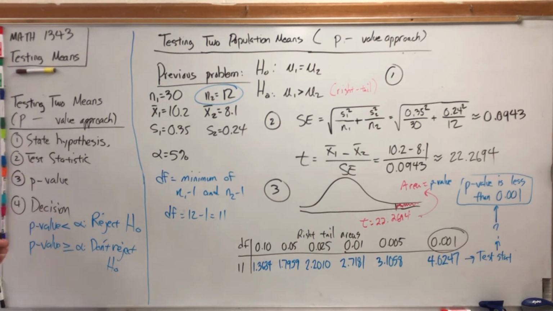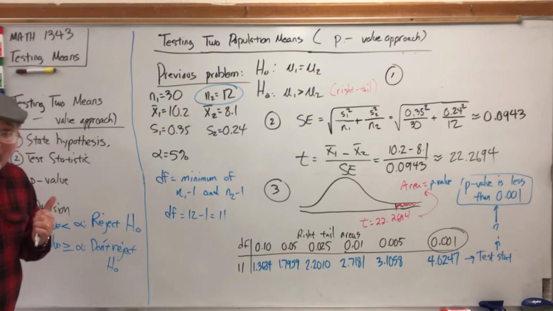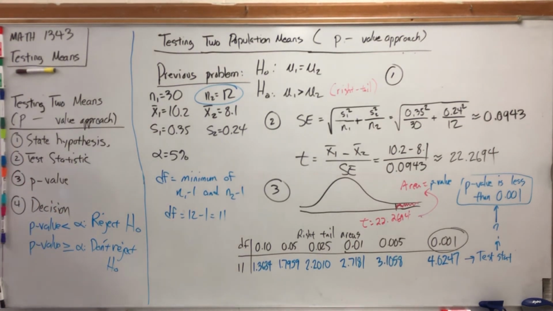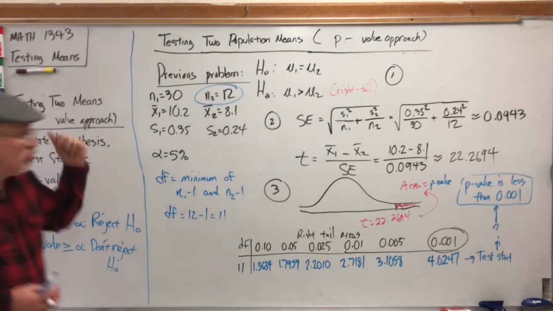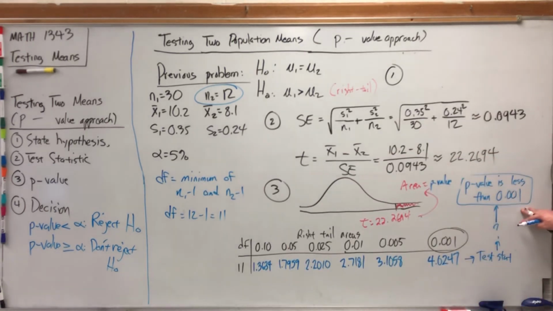Recall that the p-value is essentially the probability of this happening if our null hypothesis was true. Well, if our null hypothesis was true, then the probability of this happening is less than 0.1%, highly unlikely. And so we blame that discrepancy not on the samples that we picked, but by the fact that our null hypothesis is wrong. And that's why we reject a null hypothesis when our p-value is less than our significance level.